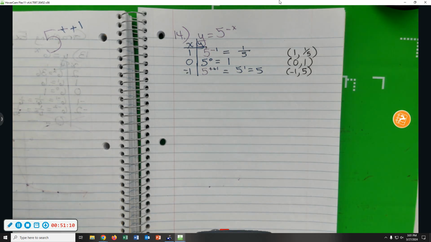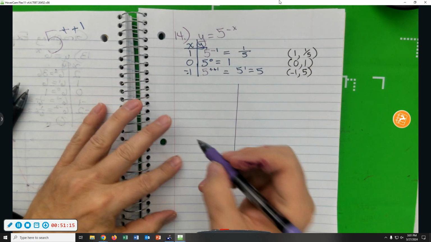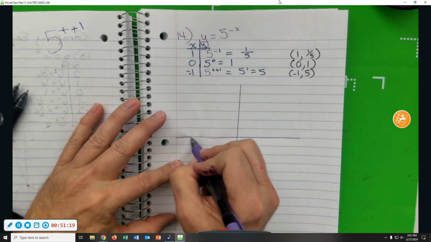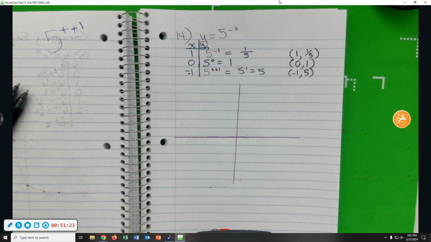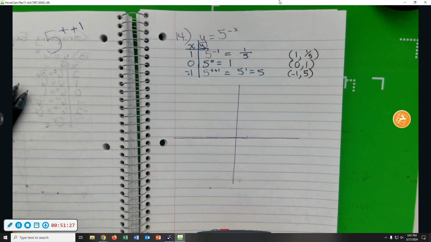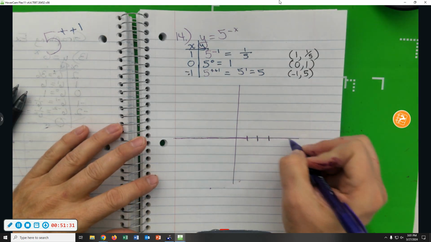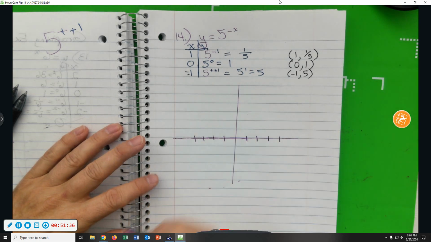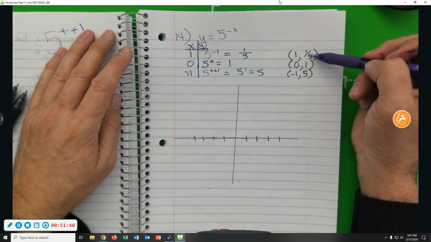So let's draw our XY grid. Now plot 1, up 1/5.